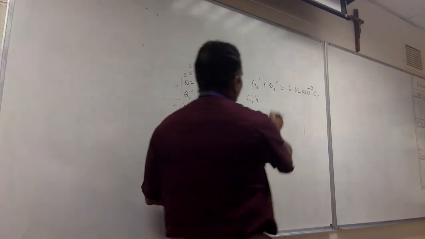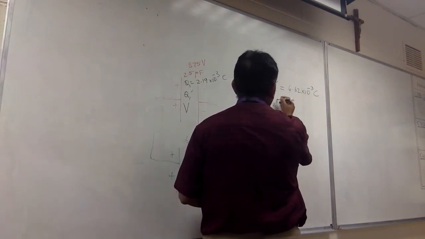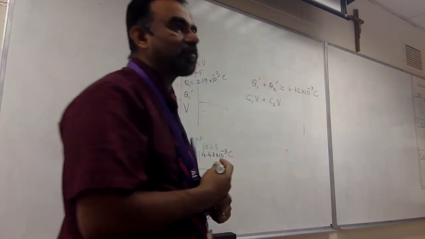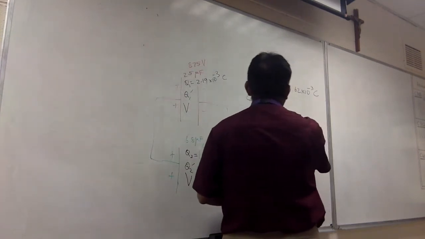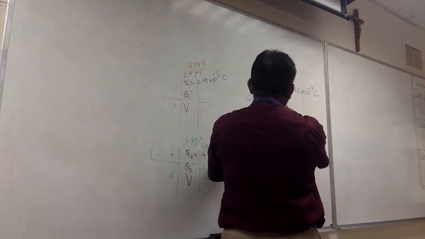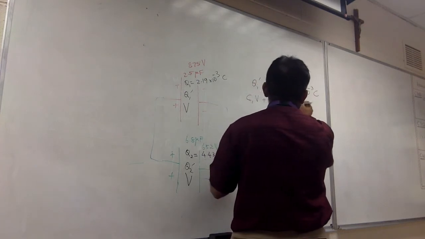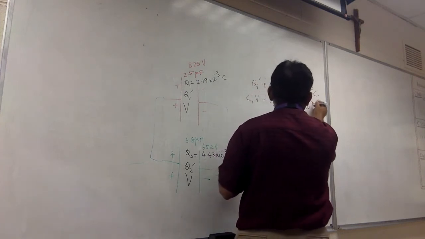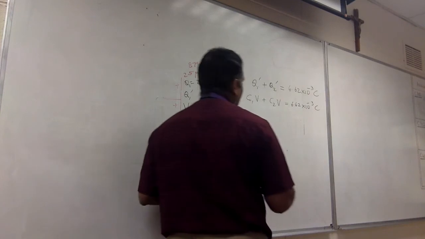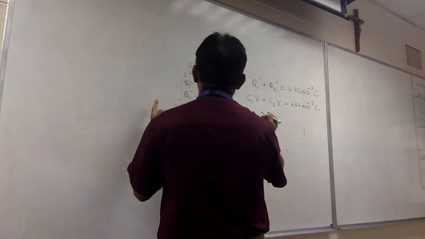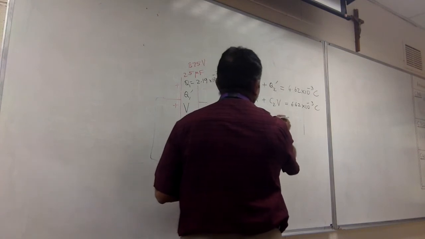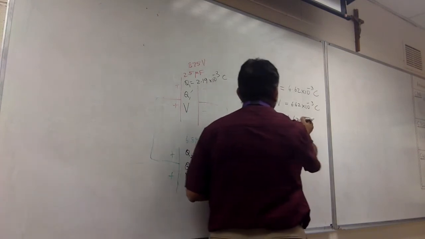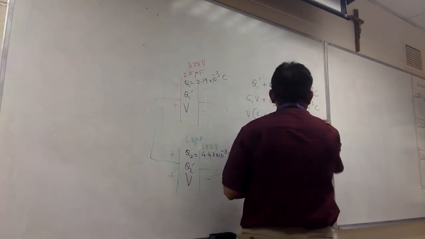It is C2 times V. So C1 times V plus C2 times the new voltage, which is common V, is equal to 6.62 times 10 to the power of negative 3 coulombs. And you know C1 and C2. So if I take V common, we get that.